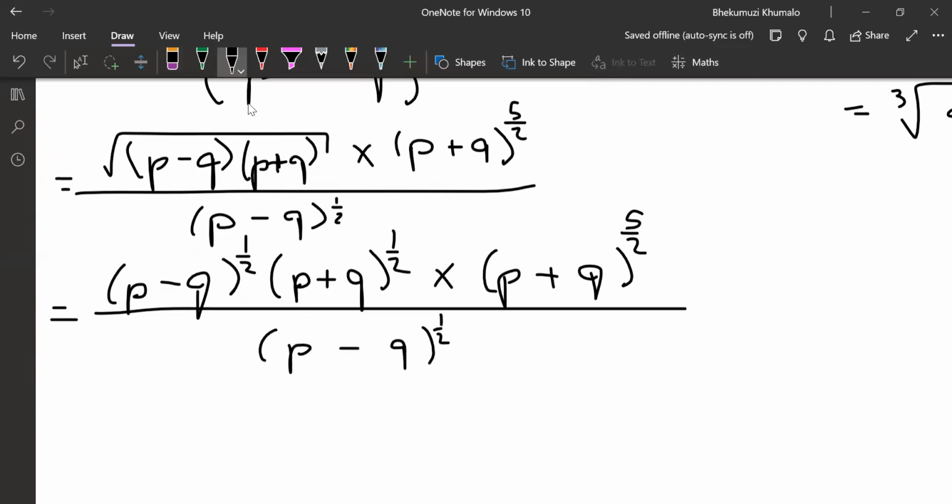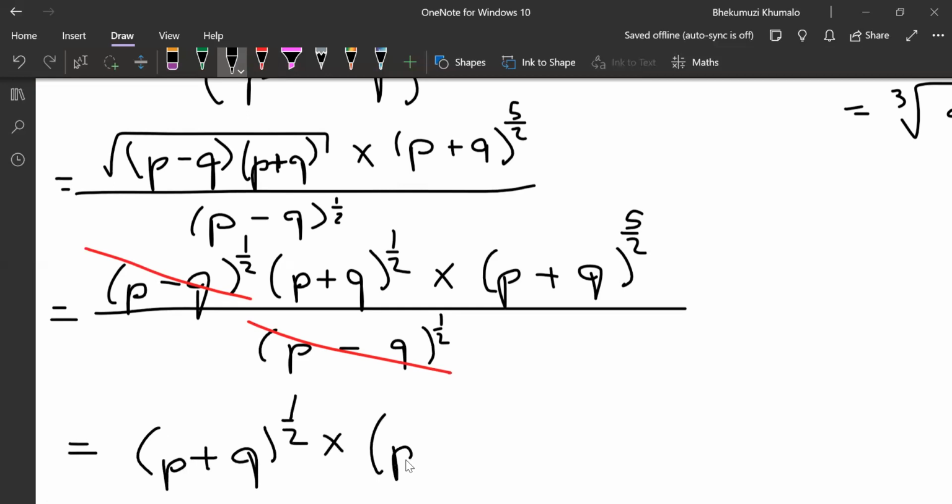Now, luckily, we can see something that we can cancel out. The p minus q, also to the power 1 over 2, is the same as the one underneath. So this can cancel that over there, right? So since that's canceled, we're only left with p plus q to the 1 over 2 times p plus q to the 5 over 2.